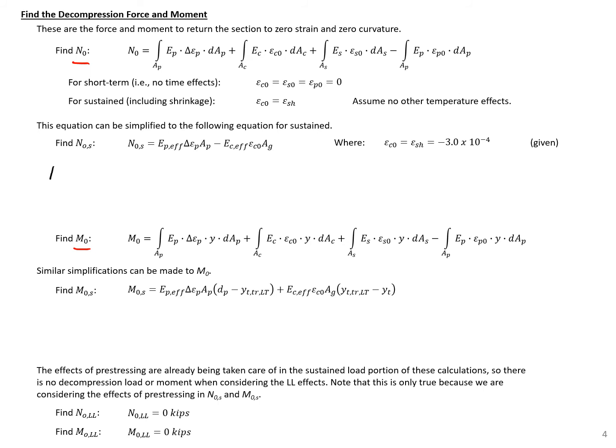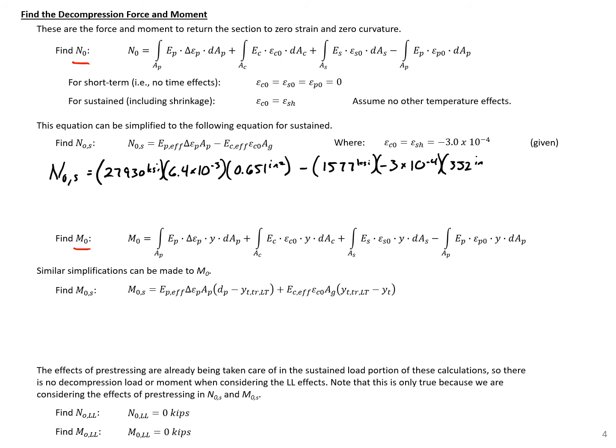For our N naught sub S, it is going to be equal to E sub P effective, 27,930 KSI, times our locked-in pre-stressing strain, 6.4 times 10 to the negative third, times our area, 0.651 square inches, minus E C effective, 1,577 KSI, times our shrinkage strain, negative for compression, and so negative 3 times 10 to the negative fourth, times our gross area, 352 square inches.